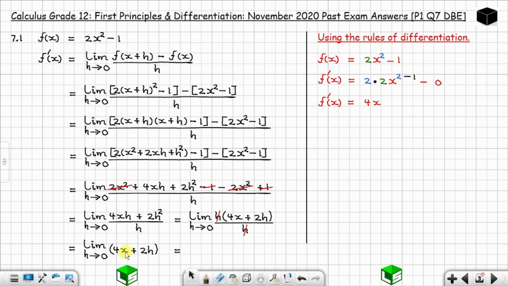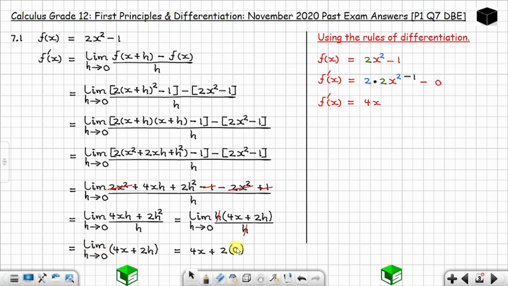So you have 4x plus 2 times h. You substitute 0 for h, so it's 2 times 0, like that. You can see I don't have limit as h approaches 0. I don't have it here. Why? Because I have substituted 0 for h.